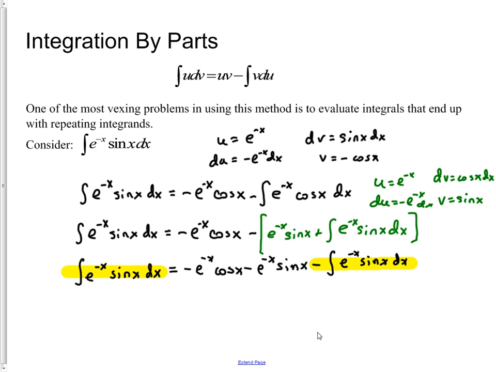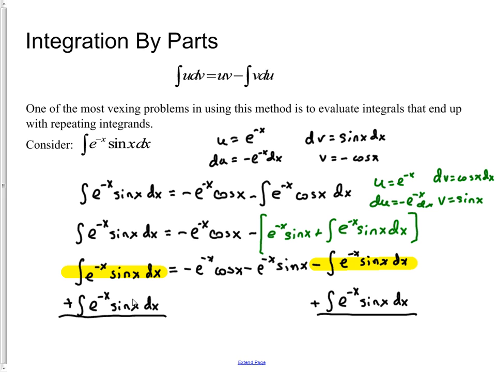And when we have that situation, what we can do is we can add that quantity to both sides. So look at what happens when I add this to both sides. We add that same quantity to the left as we do to the right, and when we add those, well, now we've got two of them on the left.